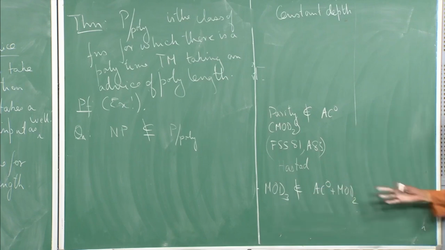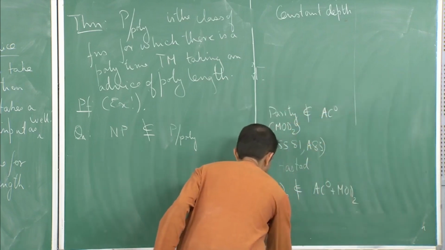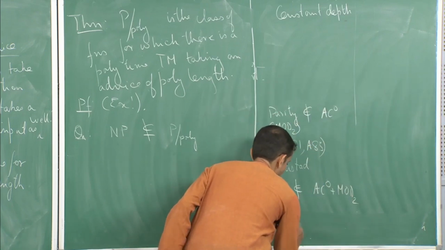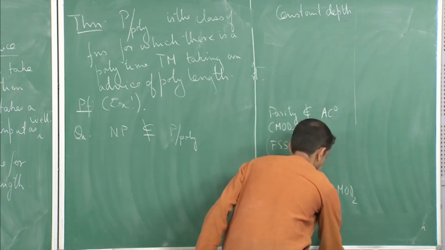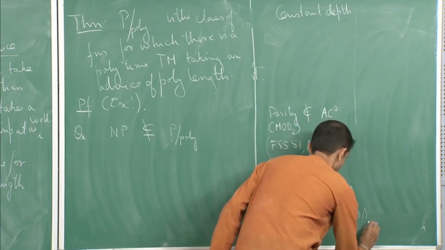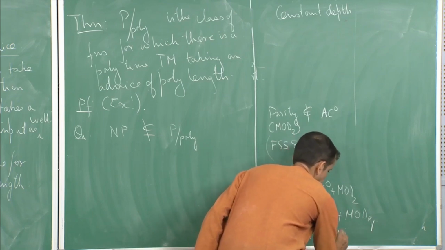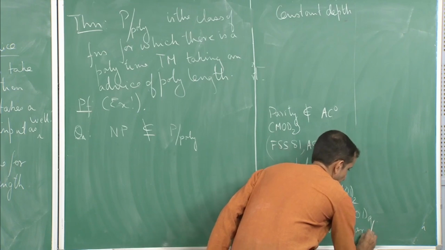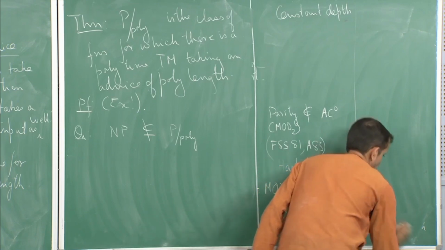And Smolensky generalized this and showed that computing some mod P is not possible with AC0 circuits plus some mod Q gate, where P and Q are co-prime.